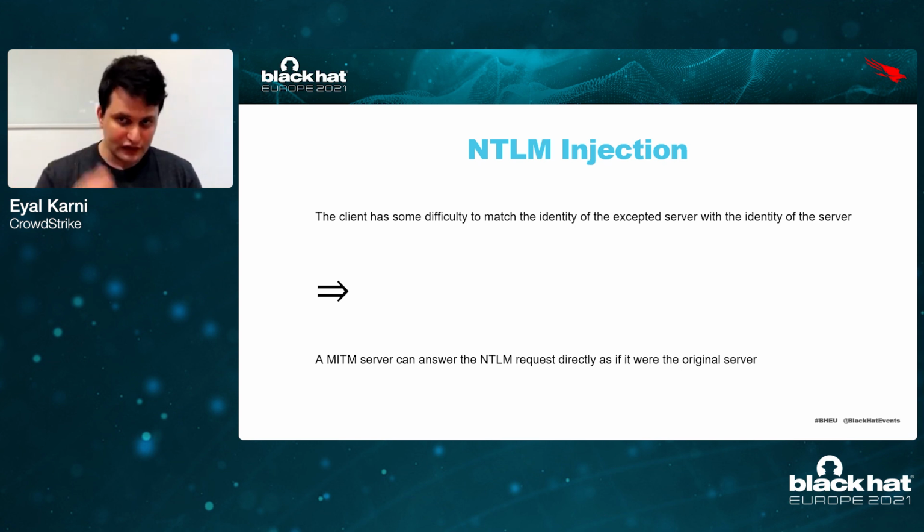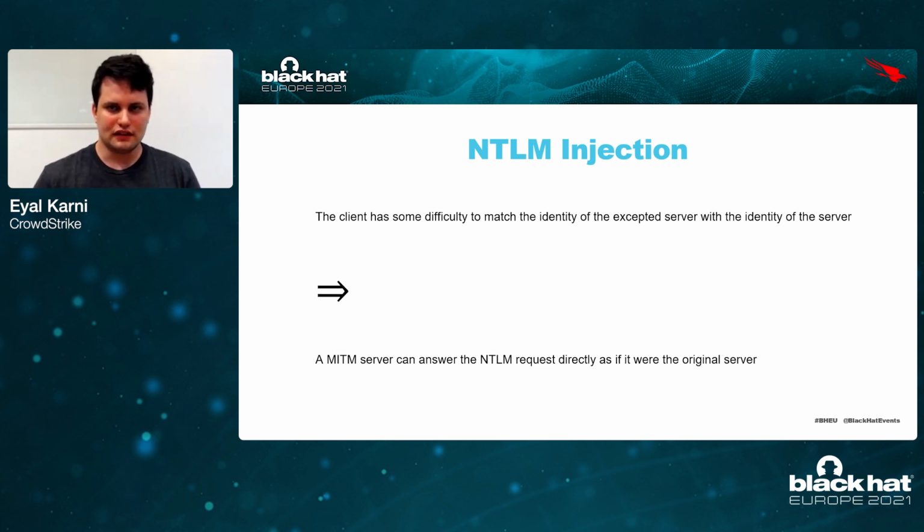Actually, the identity of the server does return in the challenge message, but due to, I guess, some canonicalization difficulty, clients don't compare it with what they expect. And that means that a malicious entity can set up a server and provide rogue responses to the requests.